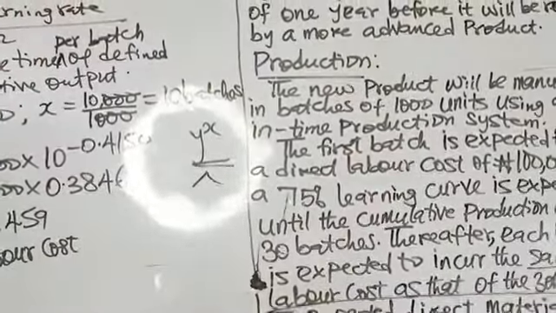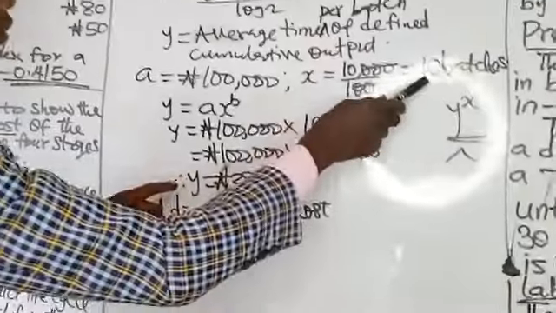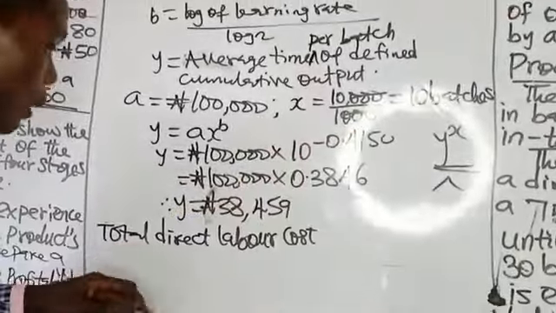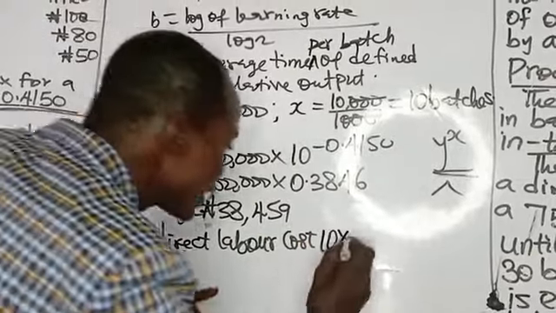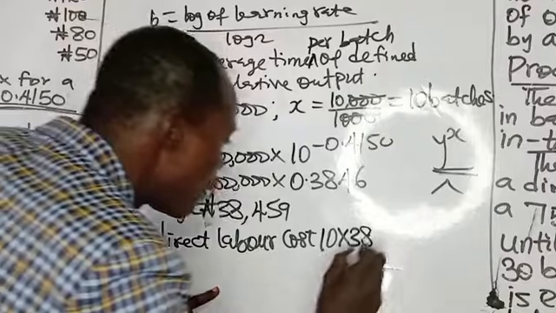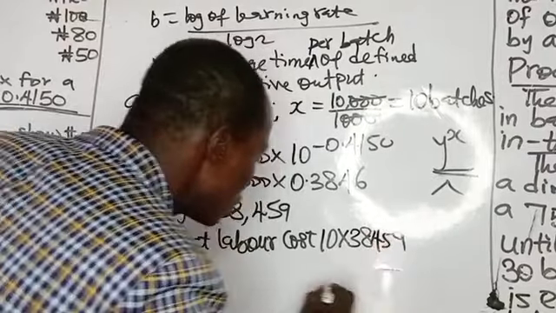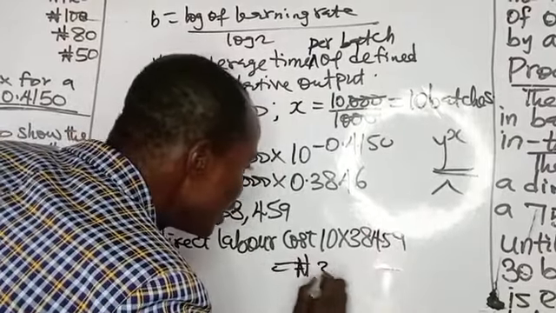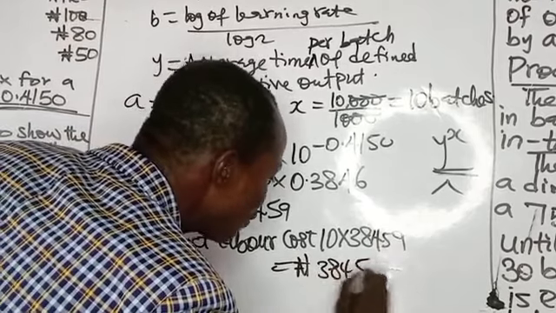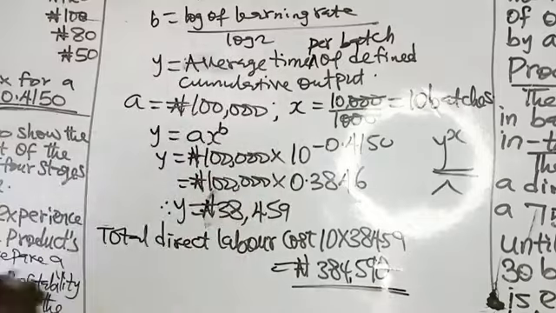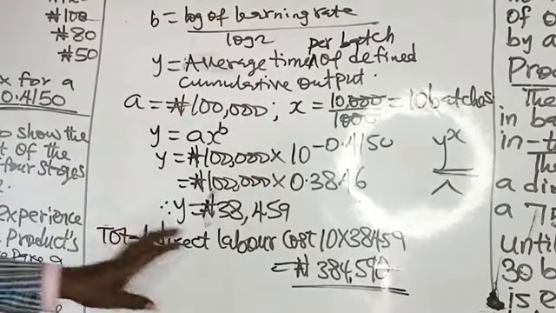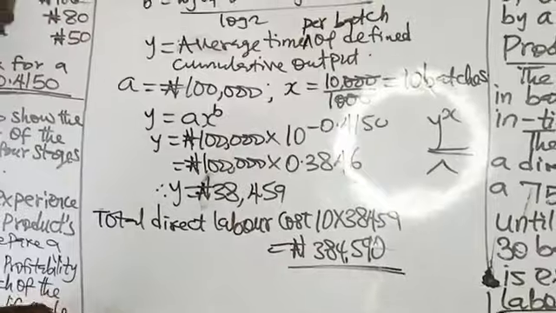To achieve 10,000 units, we have 10 batches. So 10 batches times 38,459 gives 384,590. That is the total direct labor cost incurred at the introduction stage.